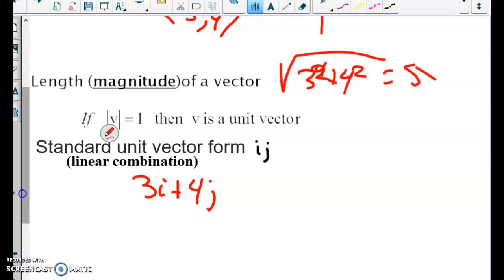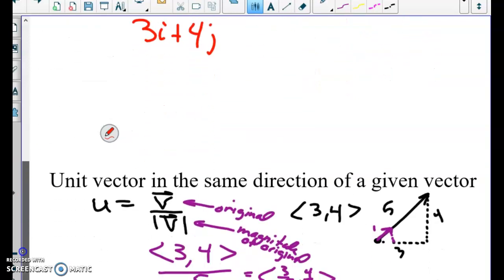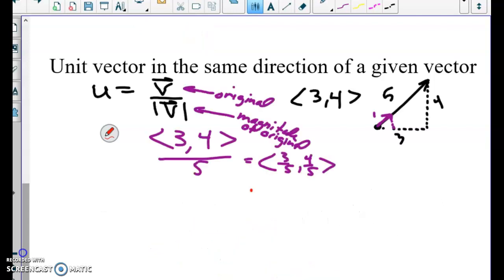Just different methods of writing the same thing. And if I want the unit vector in the same direction, again, I just divide the whole thing by the magnitude of it. And so I have 3/5 and 4/5.